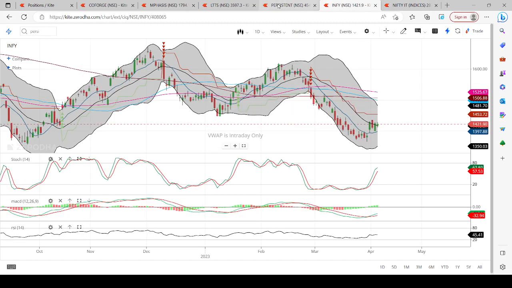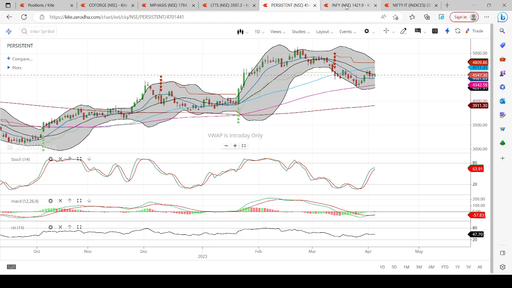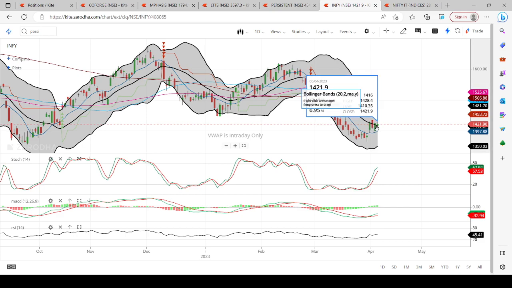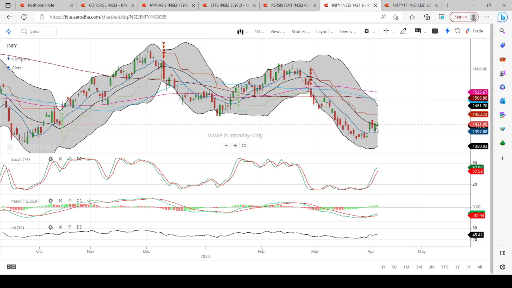Out of which Infosys and Persistent have a similar kind of chart, hovering exactly around the 20 moving average, in and out, one day up, one day down. Look at the last 4 closes of Infosys: one day up, one day down, next day exactly on the line.